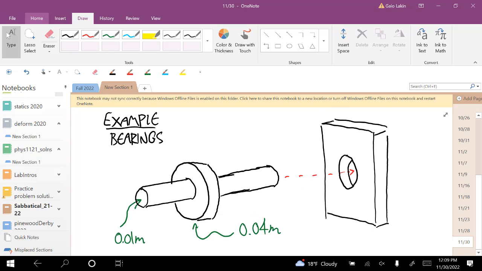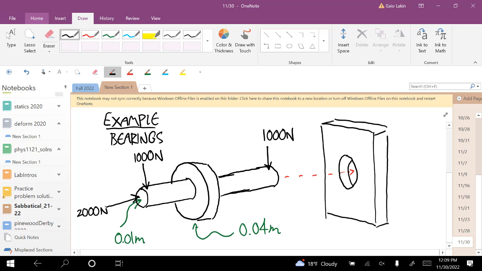And the forces are going to be, there's going to be a downward force here and here. Each of these is, let's say, 1,000 newtons. And then there's going to be an axial force, causing that thrust-bearing friction. Let's say that's 2,000 newtons.